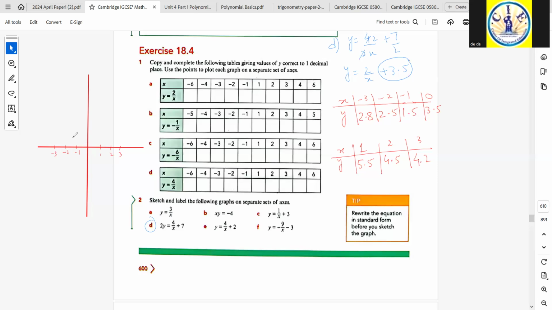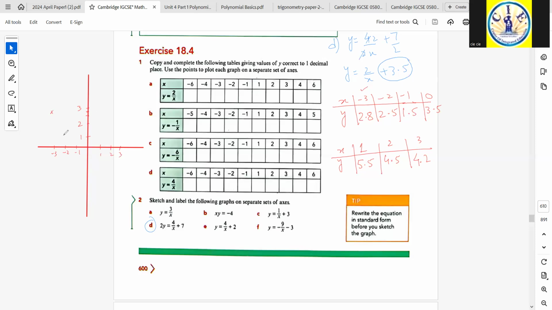Okay. And this way, when we draw the graph, it would be drawn as -3 corresponds to 2.8. So if this is 1, this is 2, this is 3. In between, this is going to be 2.5, and somewhere here, this will be 2.8.